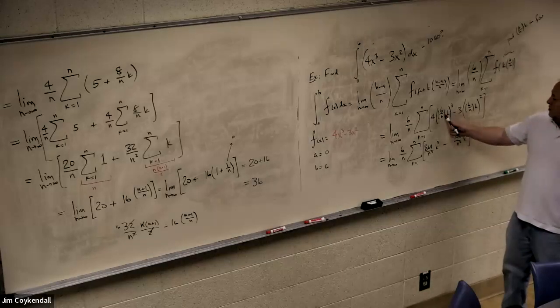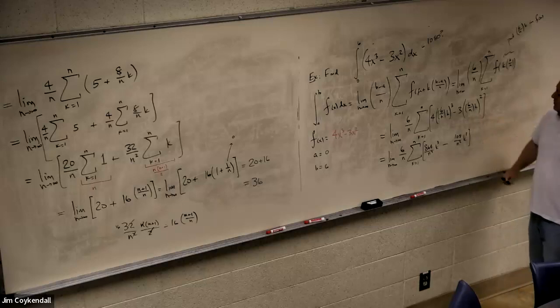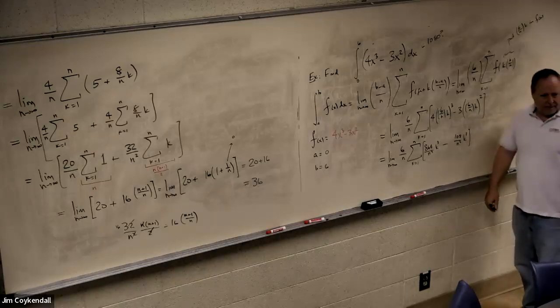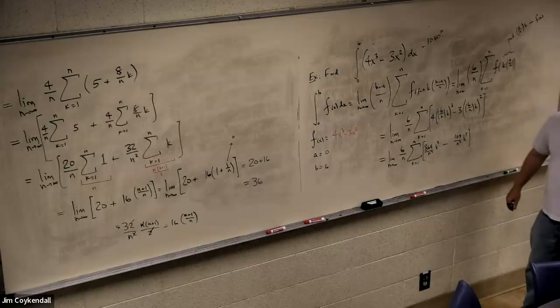All I did is cube this through, 216 over n cubed and 4 times that, 864 over n cubed, times k cubed. That's 3 times 6 squared, 108 over n squared.